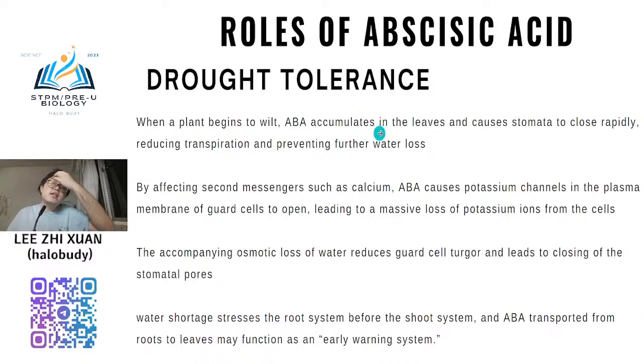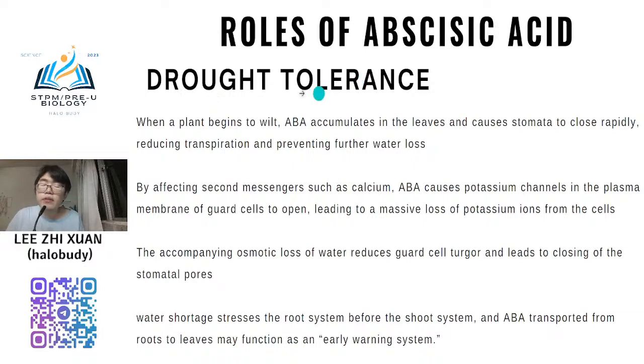Another one is drought tolerance, especially on a hot sunny day. Normally in a desert, or when the weather is extreme, meaning there is no rain at all, maybe one week, two weeks, that is what we call drought tolerance.